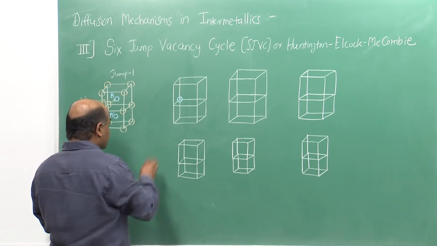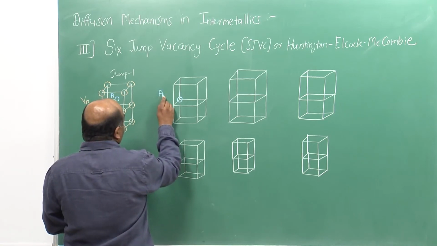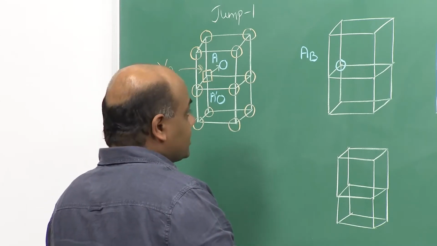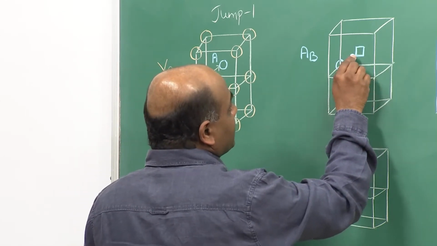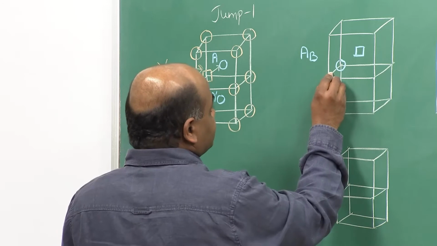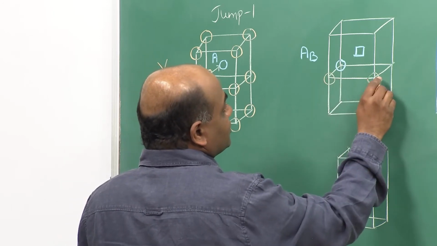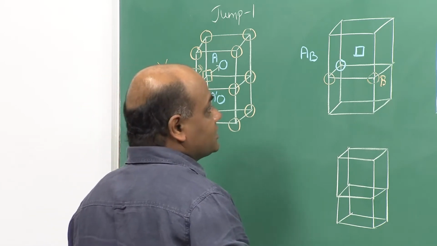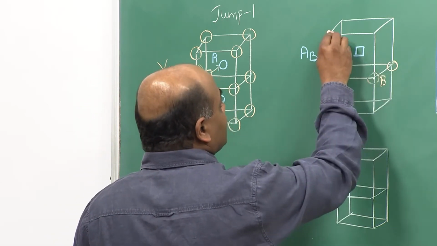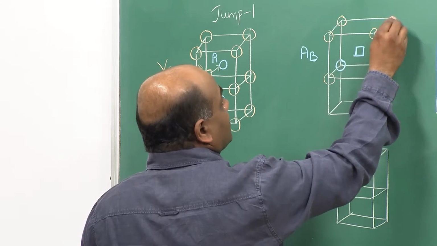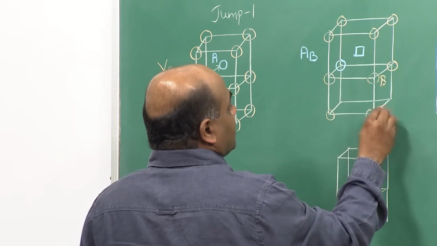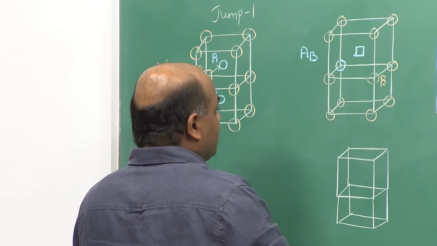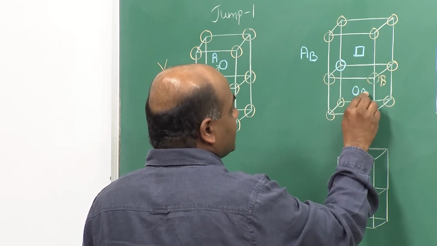So, there is an anti-site of A on B which is produced, and the vacancy has moved to A sublattice. Let us call this atom B, because this will take part in this SJVC cycle. And A prime is still where it was.